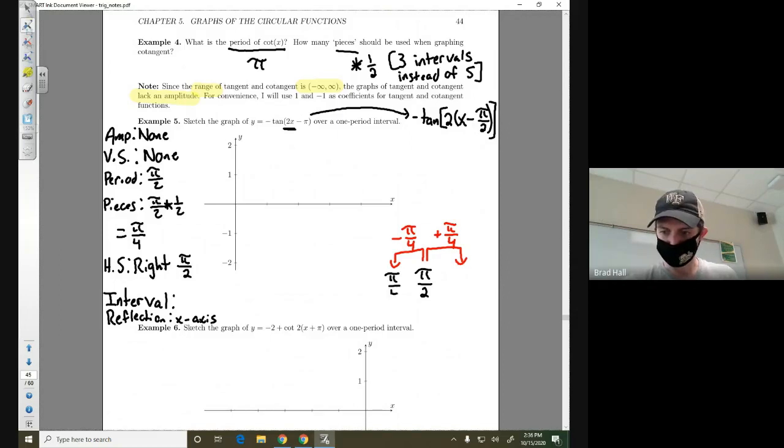Then you should get pi over 4 and 3 pi over 4. And that's your interval values.